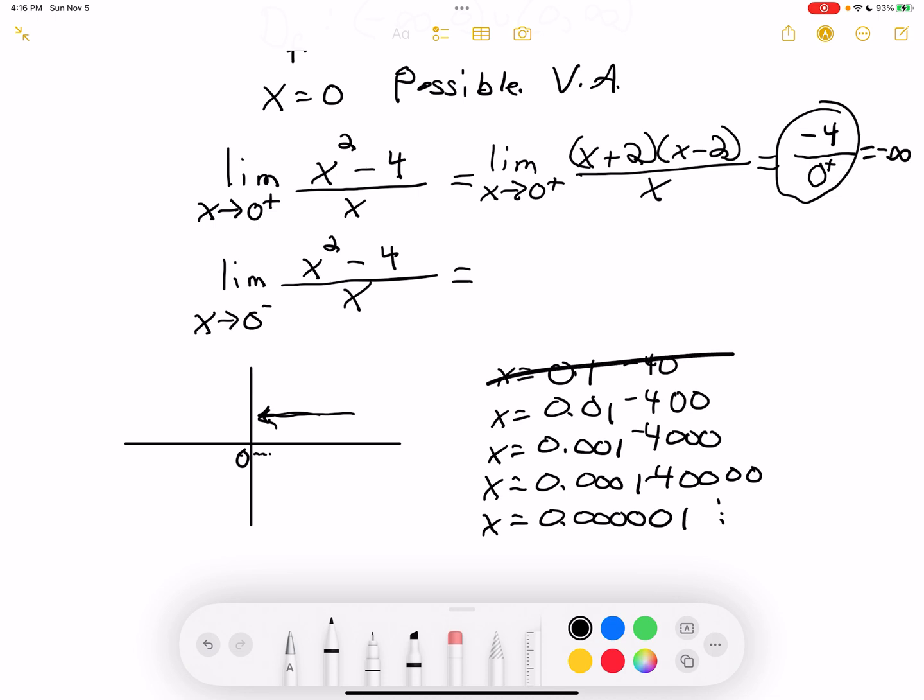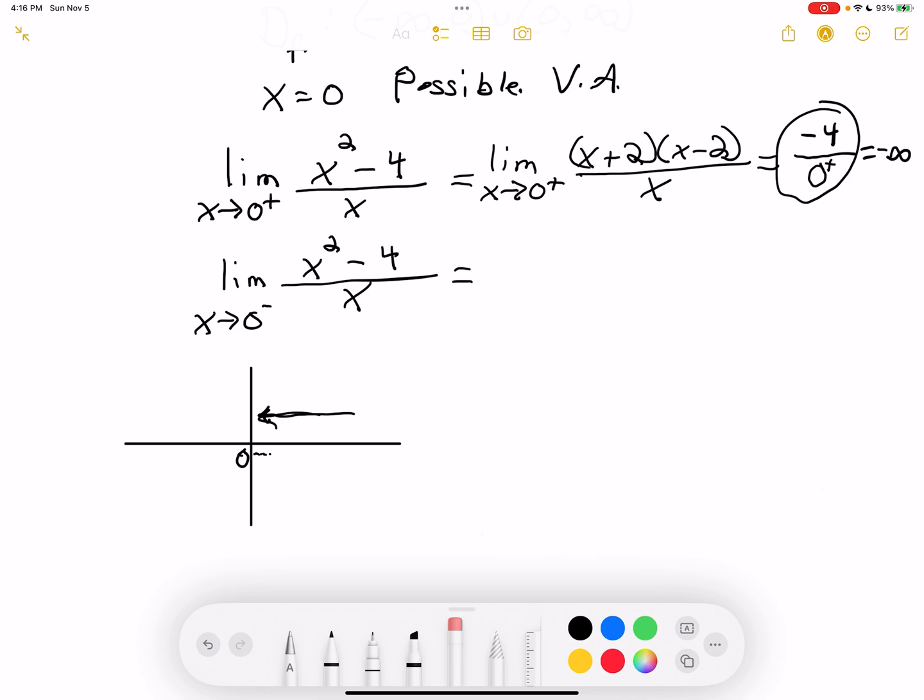We're going to do a similar thought process, but we're going to be approaching 0 now from the left. So what kinds of numbers are we going to be taking? Well, we're going to be taking x's like -0.001 and so on. Very, very small, slightly negative numbers.